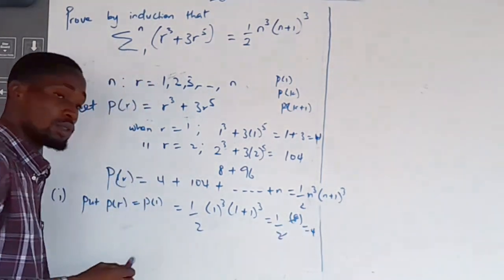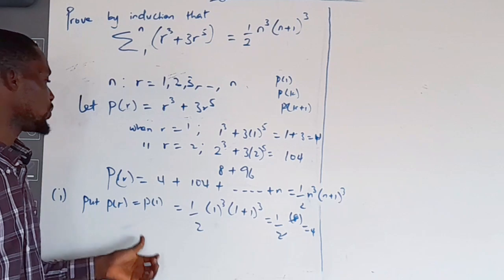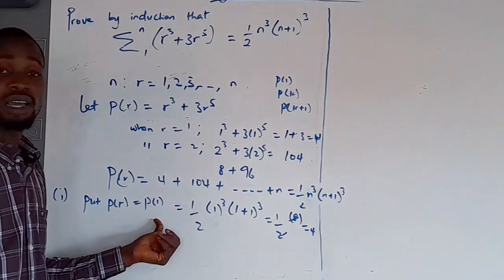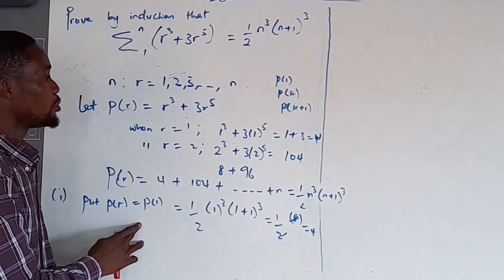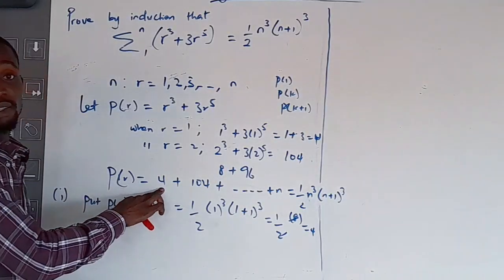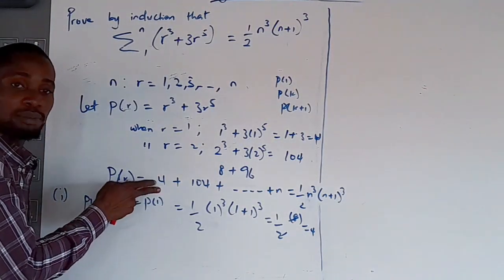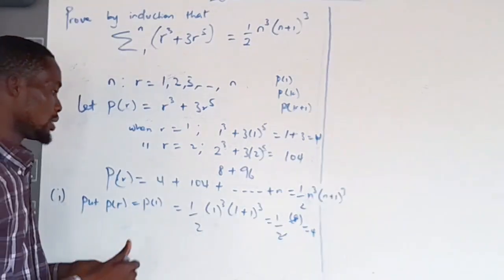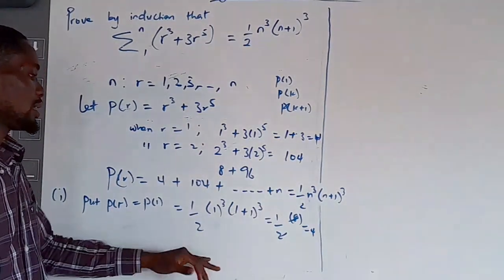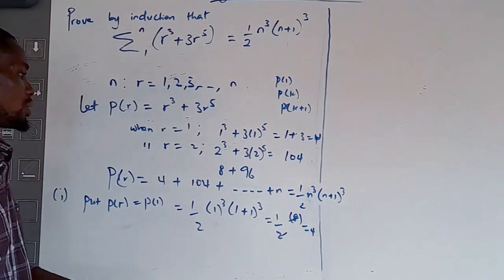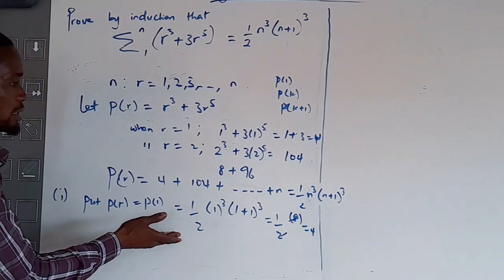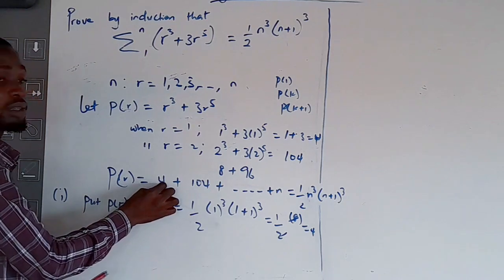Note, I also said if you are testing for P of 1 in mathematical induction, whatever you get when you test n or r as 1 must be equivalent to the first term in the series. So after testing P of 1 in this function, it must arrive at the first term value.